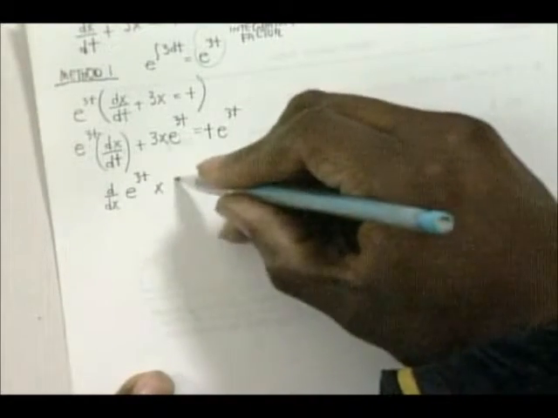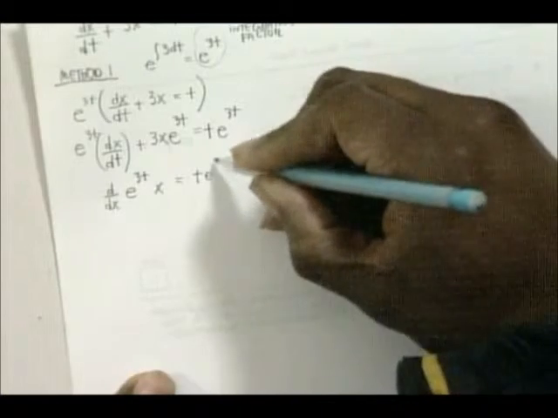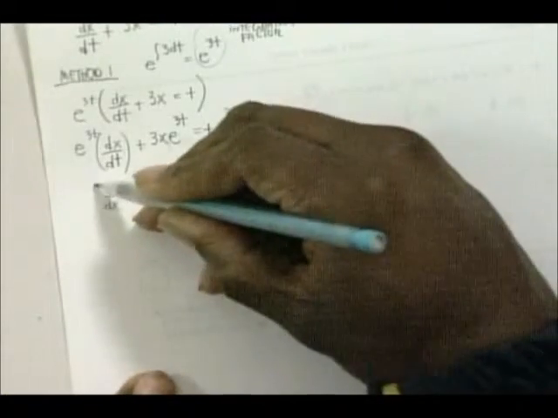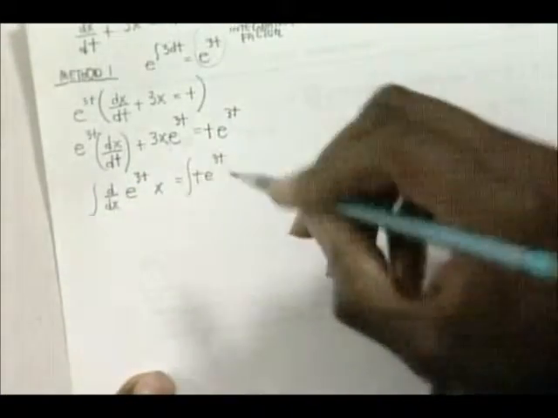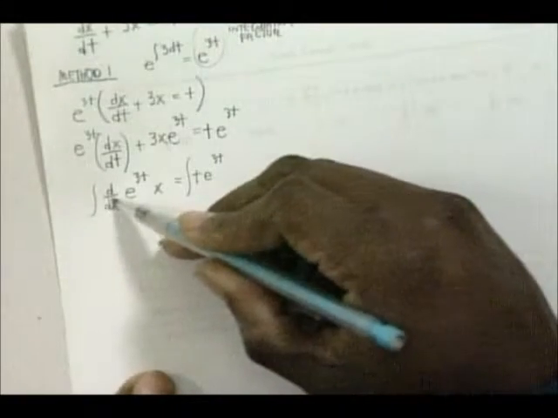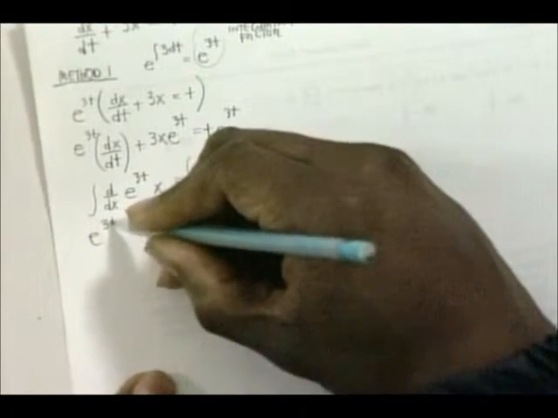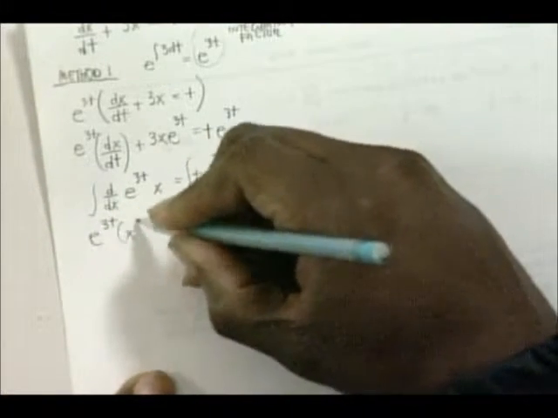So all of that represents the derivative of the integrating factor times x. Let's bring that down. And now let's take the antiderivative. The antiderivative of any derivative is the original, e to the 3t times x.